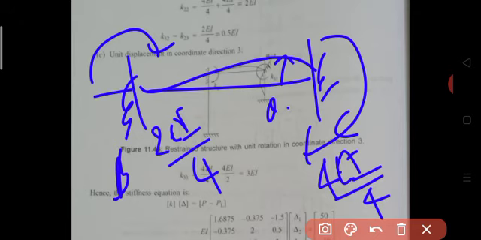We need only the horizontal reaction, which is equal to 0 at the floor levels B and C.